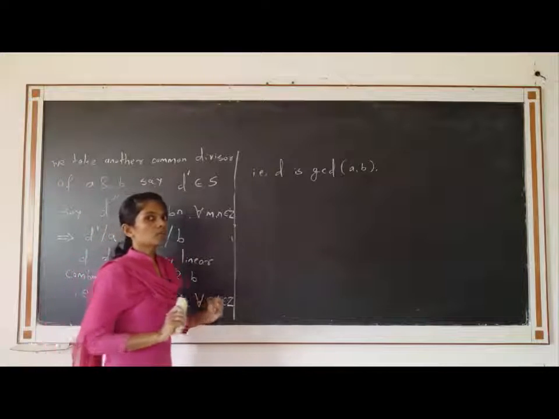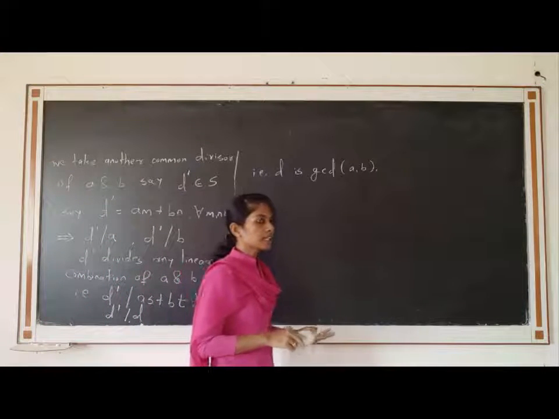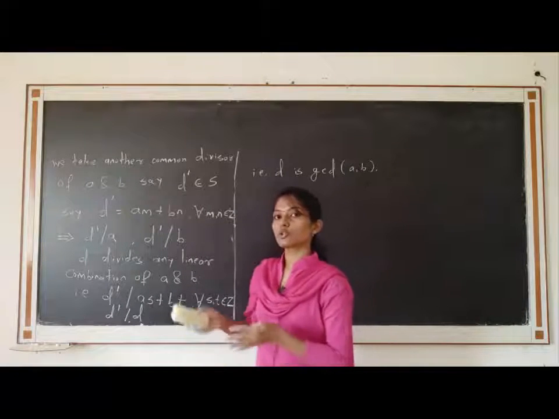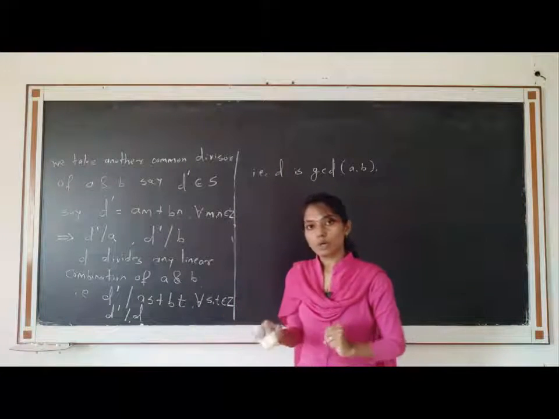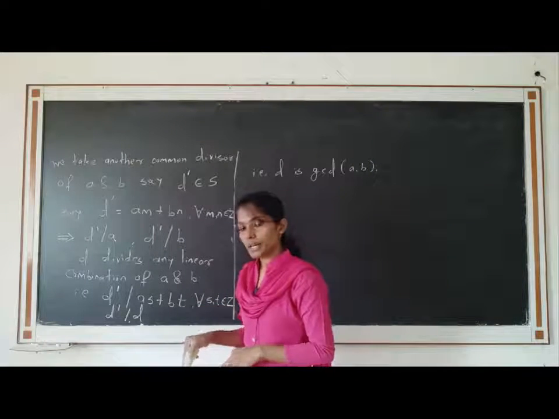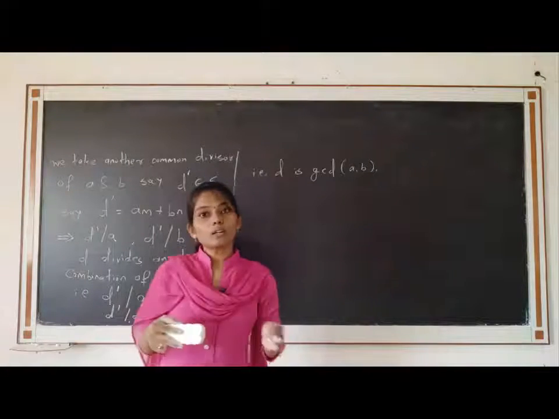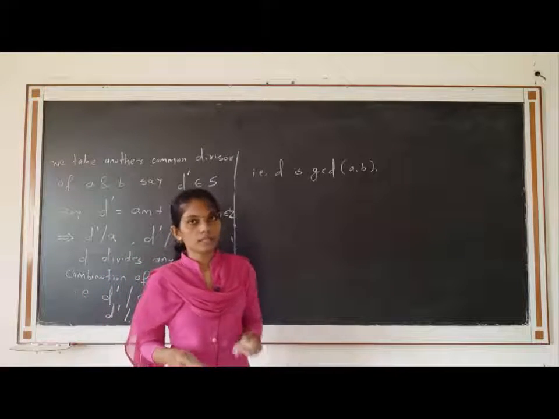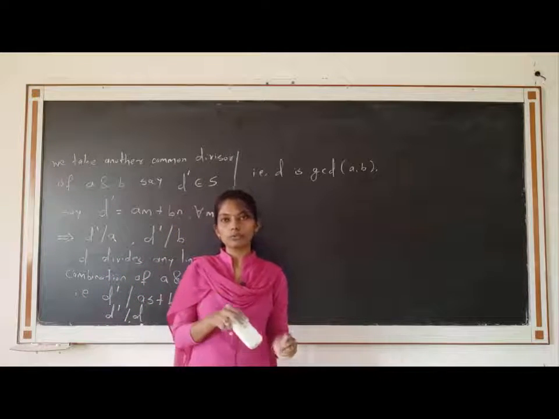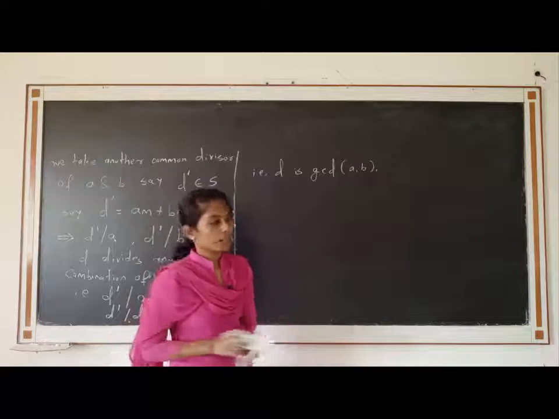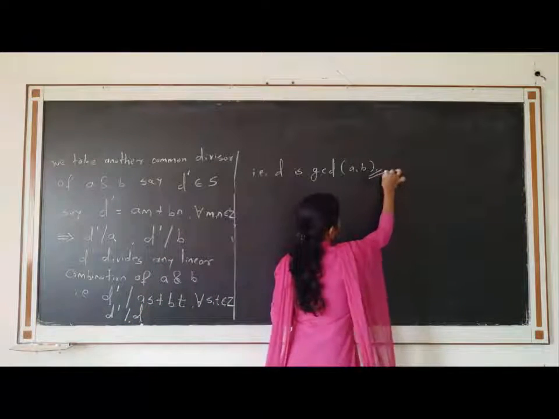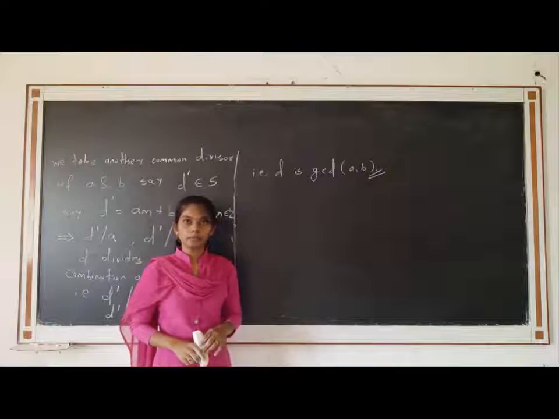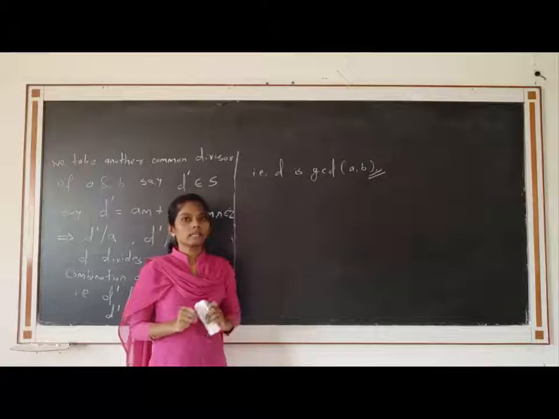Now we want to prove that D is the GCD of A and B. For showing this result, first we prove that D is a common divisor of A and B, and among the common divisors, D is the greatest common divisor of A and B. This is the outline of the proof. GCD is a linear combination. So here we get the result.